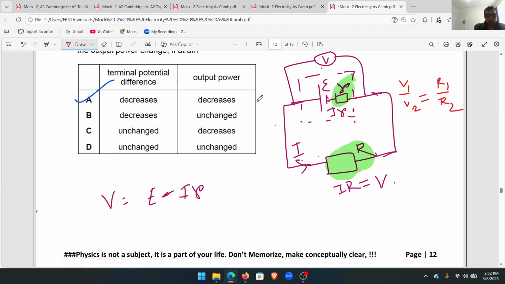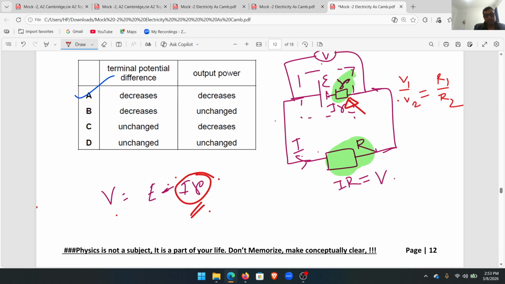So automatically I will be reduced, but still Ir, the lost volt, will be more, because according to the ratio of resistance, r is more. So a larger fraction of EMF will be there. So definitely the product Ir, the lost volt, increases. So terminal PD decreases.